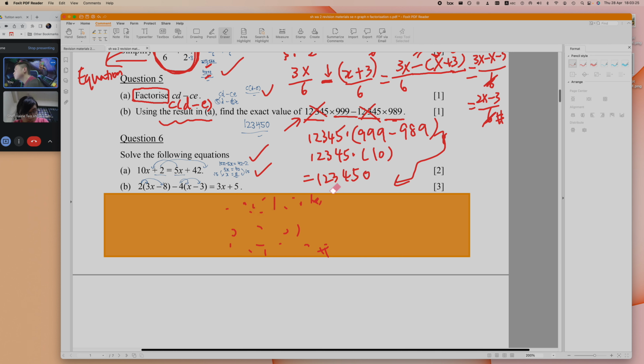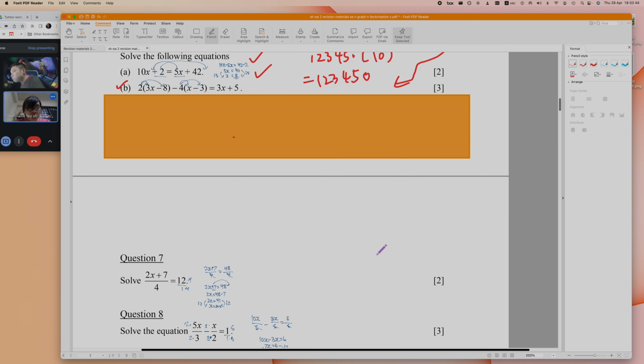Cannot see. Or is it hidden underneath? Is it hidden here? Let me see. Where did you do this question? This one. Cannot find. But never mind.